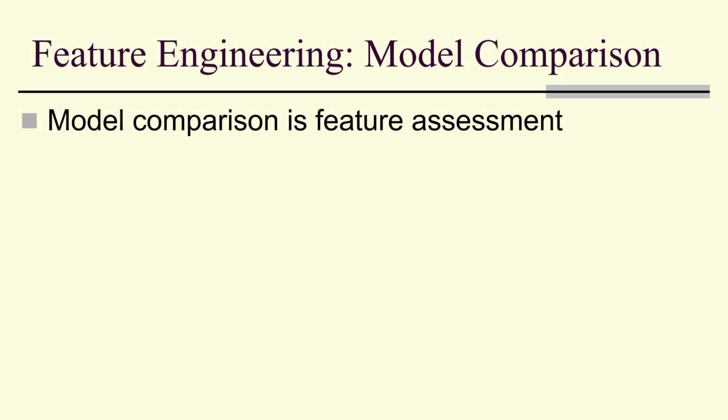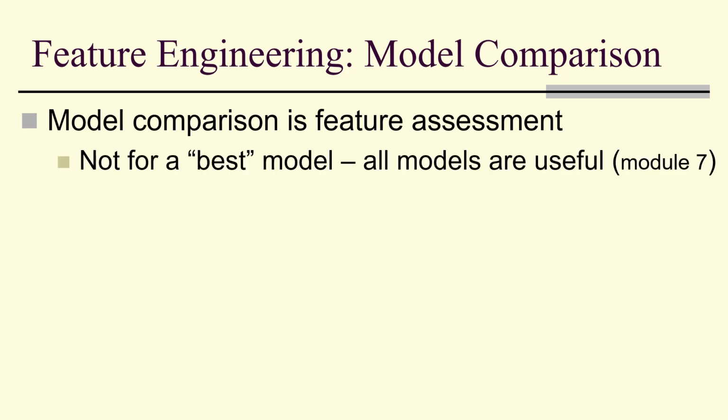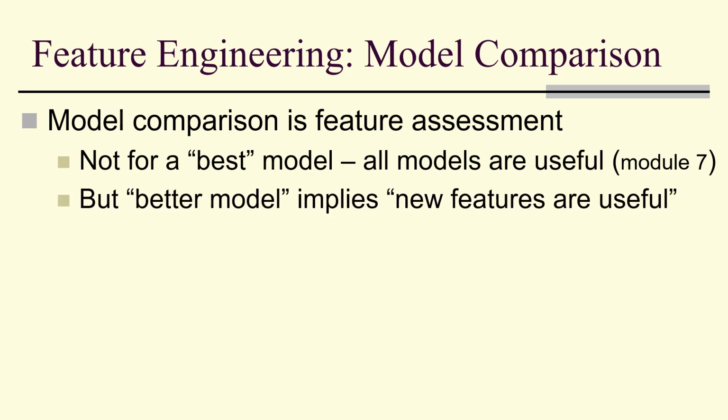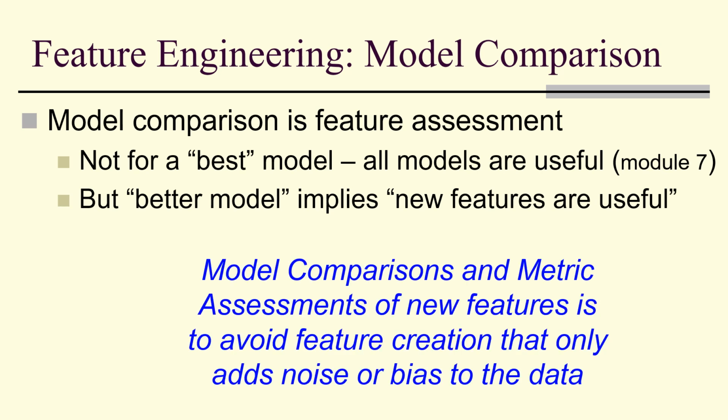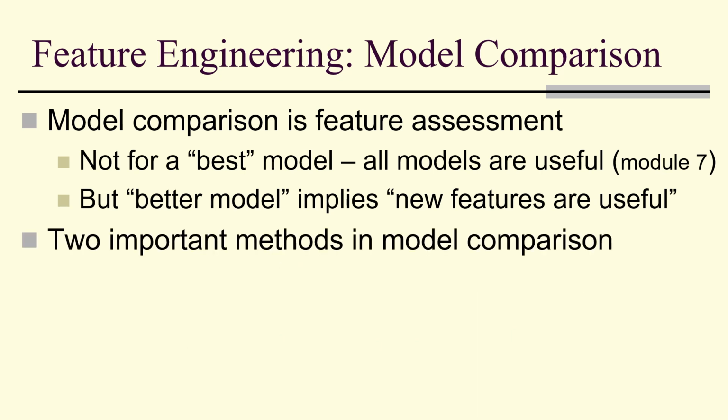So model comparison is feature assessment. It's not for finding a best model. All models are useful. In fact, we'll later on learn that the best model is always all the models. But a better model implies that new features are useful. Model comparisons and metric assessments of new features is to avoid feature creation that only adds noise or bias to the data.